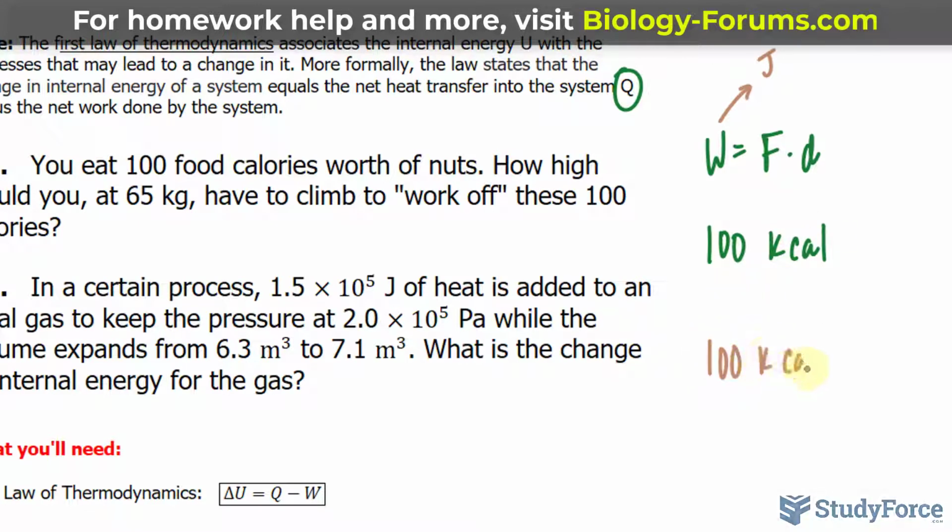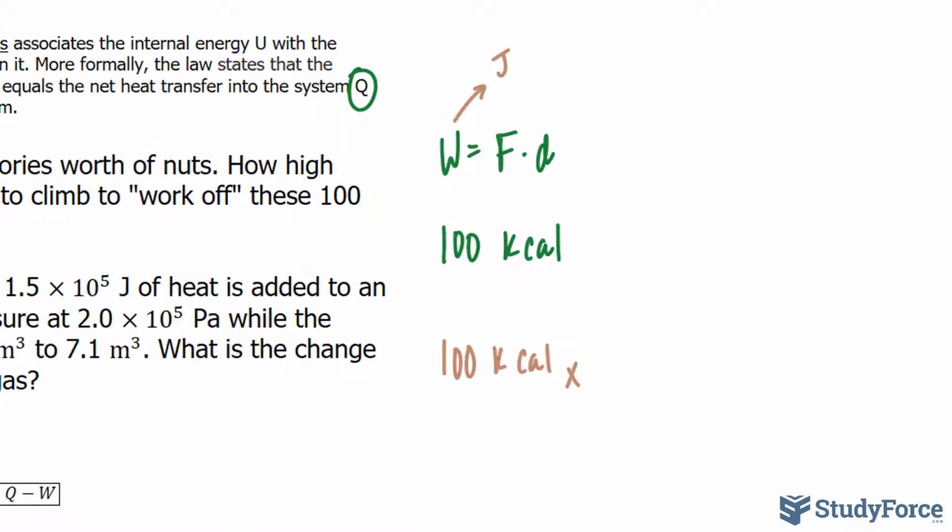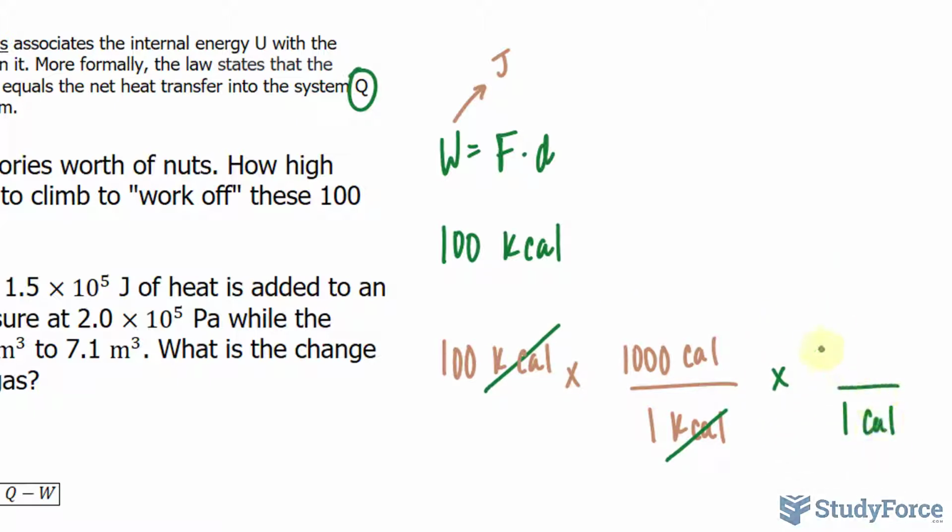100 kilocalories, the conversion ratio of calories to joules is every 4.2 joules makes 1 calorie. But first we have to make this into calories before we can use that conversion ratio. So we have 1,000 calories makes 1 kilocalorie. That cancels out. And as I said earlier, 1 calorie is equivalent to 4.2 joules.